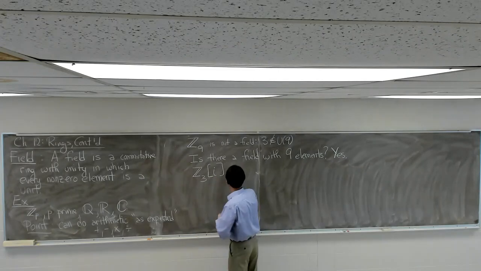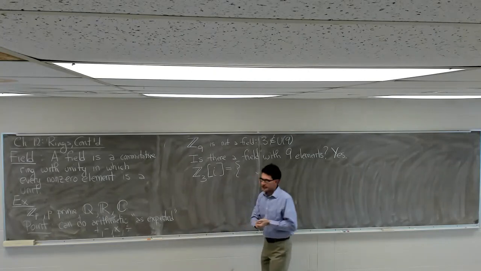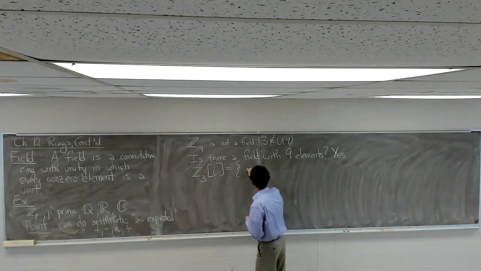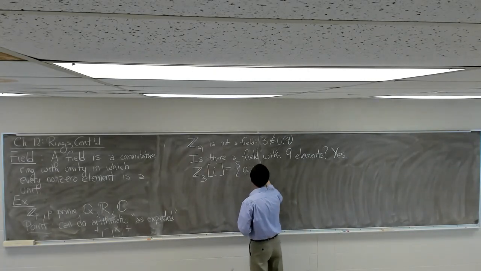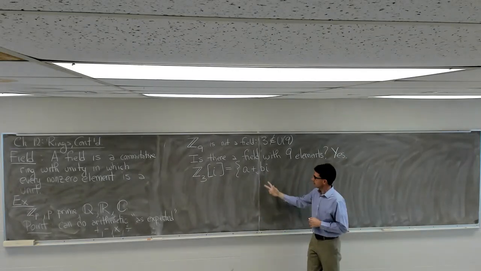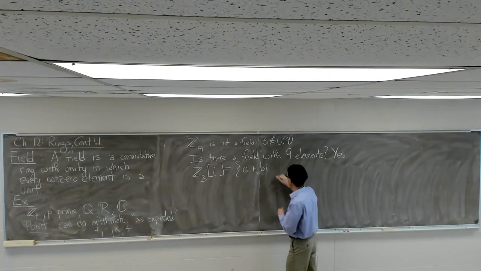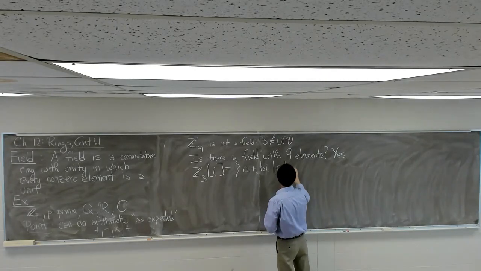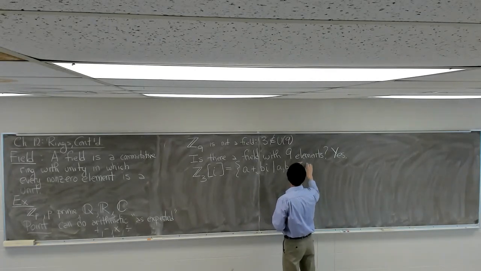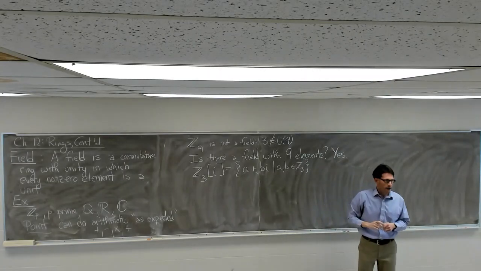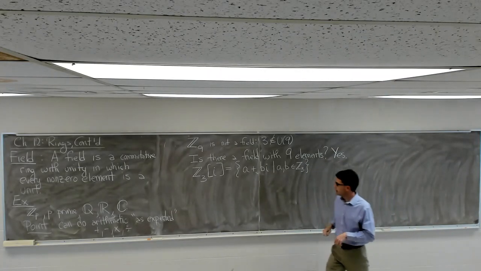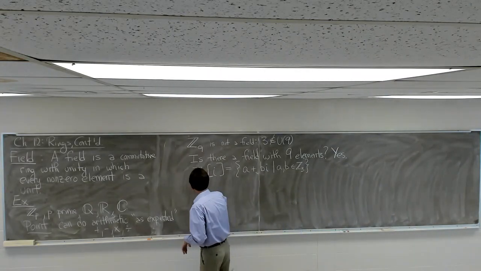So as a set, we're thinking about numbers of the form a plus bi, where a and b are elements of the integers mod 3.